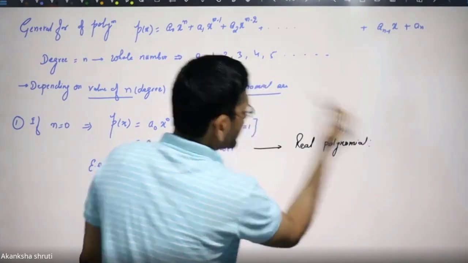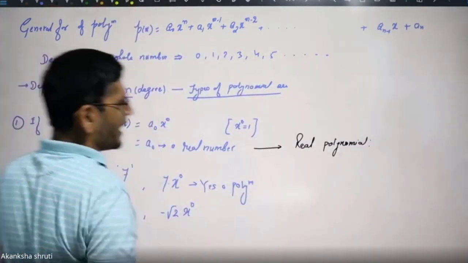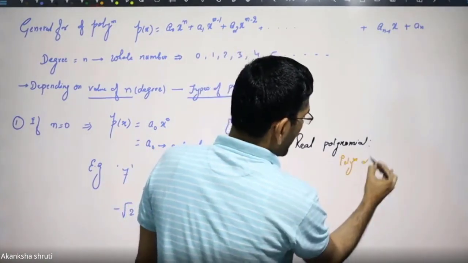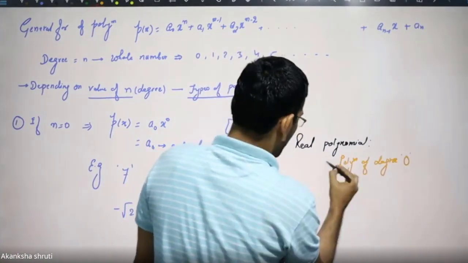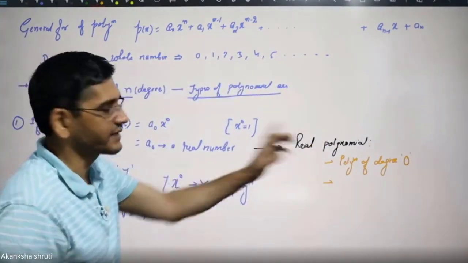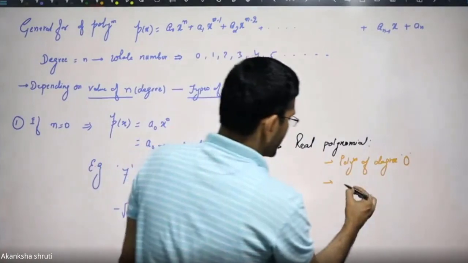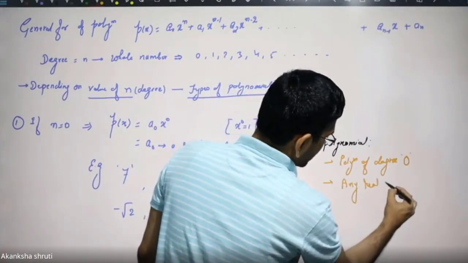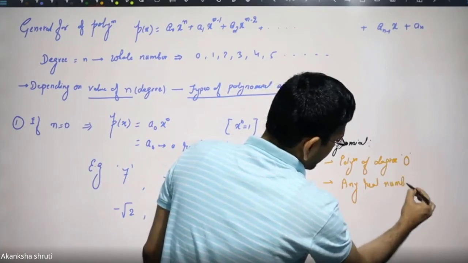So about the real polynomial, we have to keep in mind the polynomial of degree 0 means how to identify, any real number acts as a real polynomial. So it is what? Any real number.